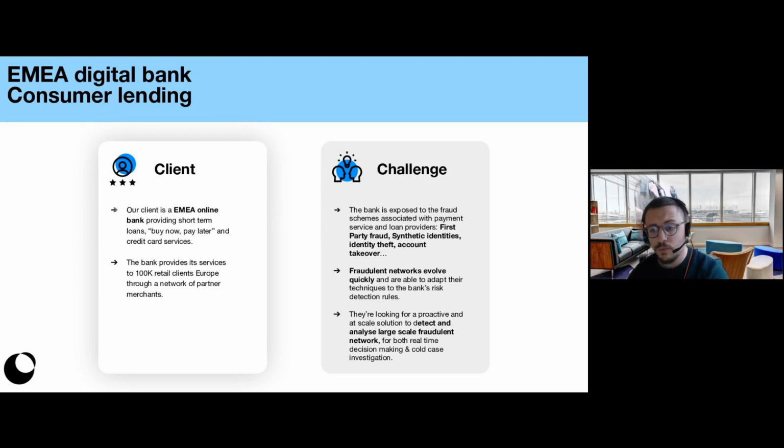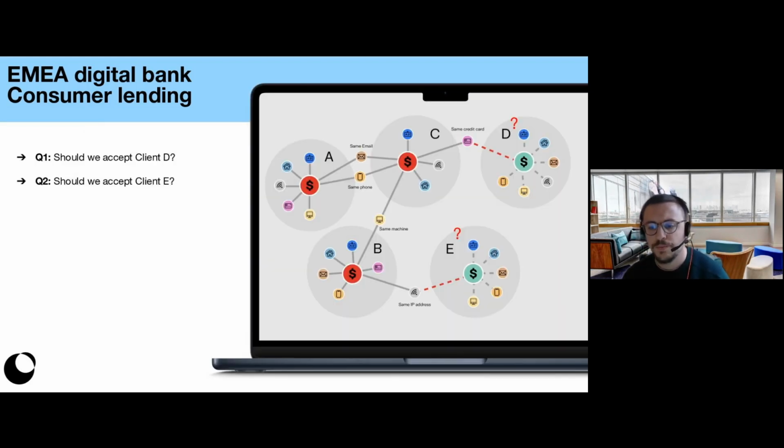Fraudulent networks evolve quickly and are able to adapt their techniques to the bank's risk detection rules. They were looking for a proactive, at-scale solution to detect and analyze large-scale fraudulent networks for both decision-making in real time on new credit requests, and cold case investigation to better understand how they have failed and how they can vaccinate their models upstream.